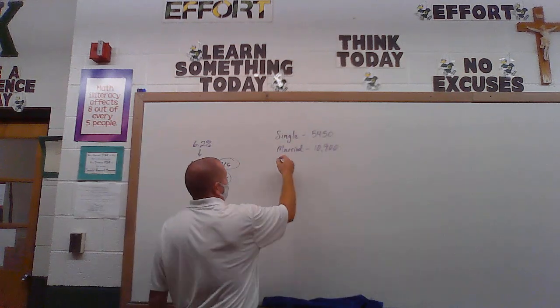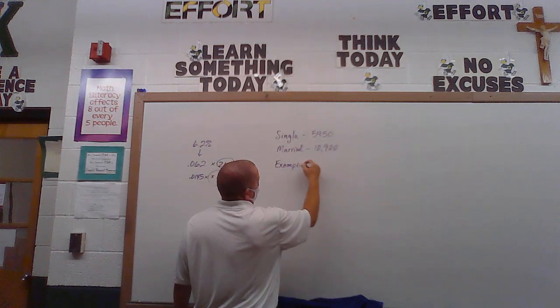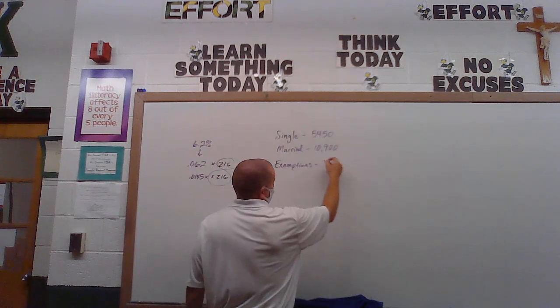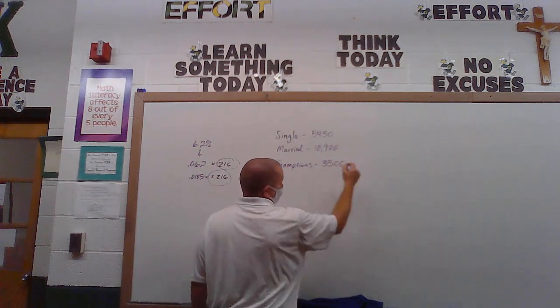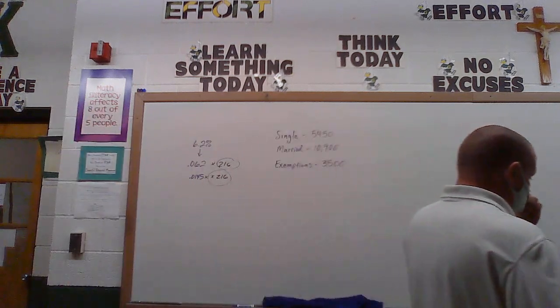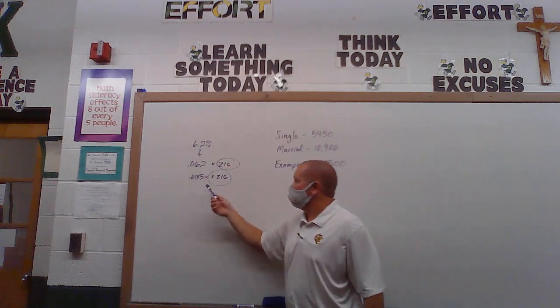Okay, and what were exemptions? 3,500? Okay, so those are numbers that you gotta remember, along with these percentages also.